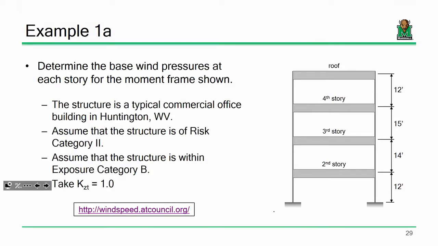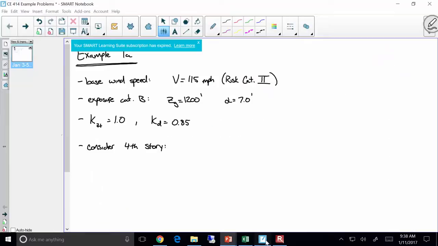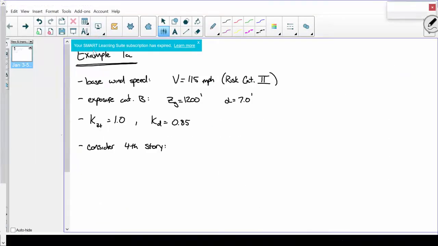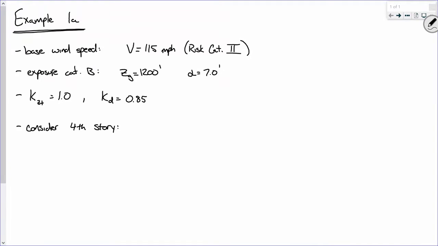I'd say 12 plus 14 plus 15. So Z equals 12 feet plus 14 feet plus 15 feet, which comes out to what?